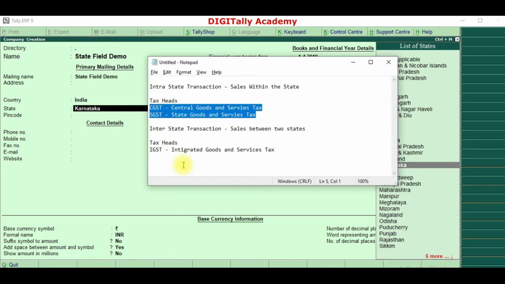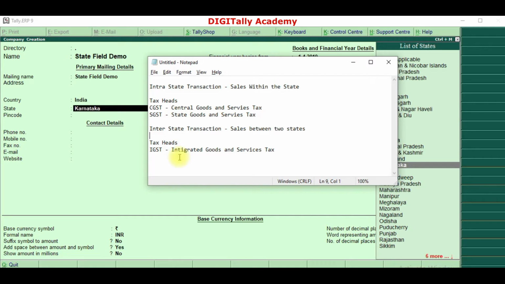In case of a sale between two states, that means the seller in Karnataka and the buyer in Andhra Pradesh, IGST will get activated. If you select CGST or SGST, then Tally will not calculate the tax component automatically.